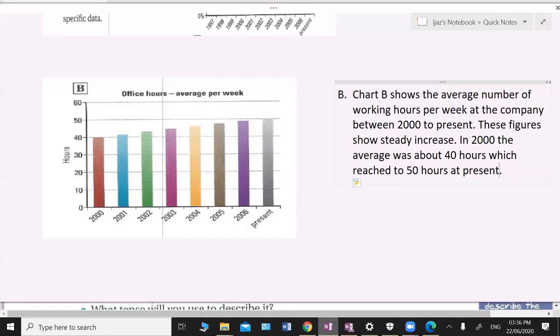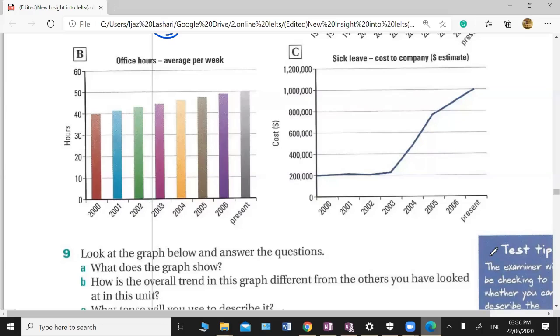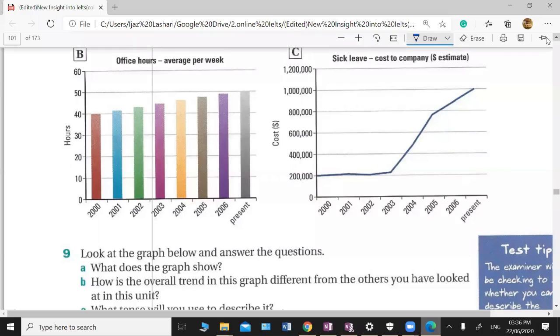What does this bar graph, line chart, pie chart, diagram, whatever it is, what does it mean? And then we explain, and at the end we write the information which concludes.